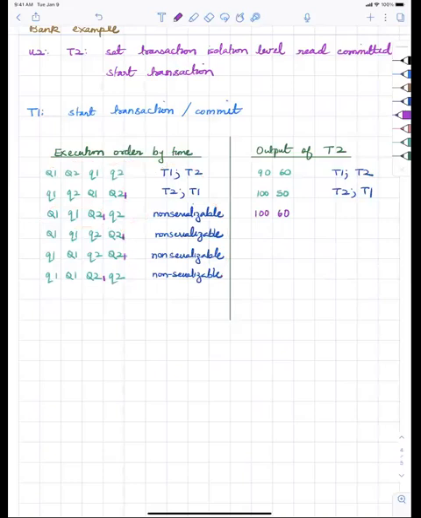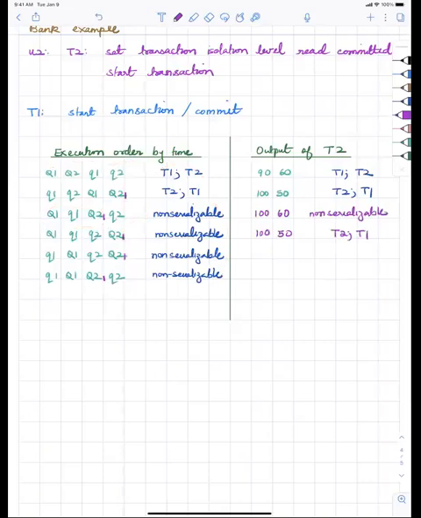Then we have the next one, Q1, Q1. Q1 is again before the commit, it's 100. Now Q2 is before the commit, so it's 50. So this is non-serializable. This one is T2 followed by T1.